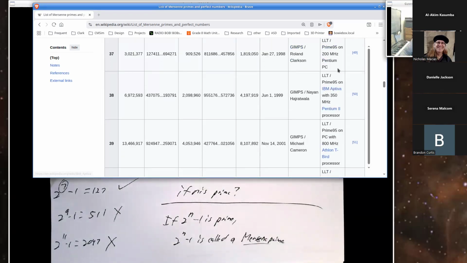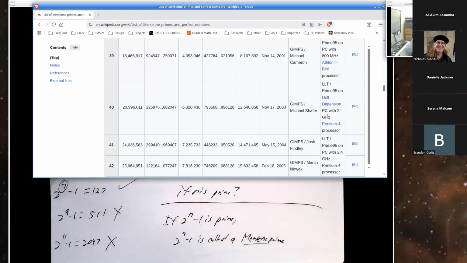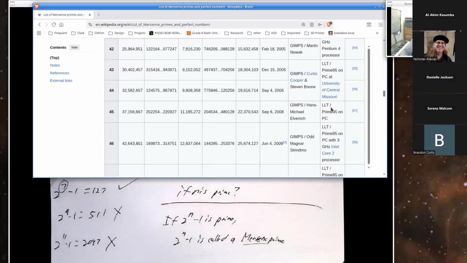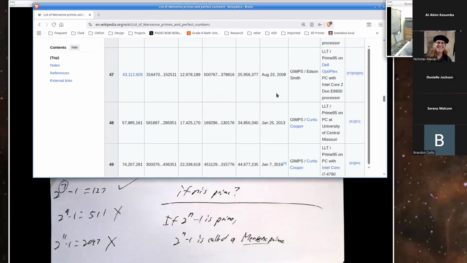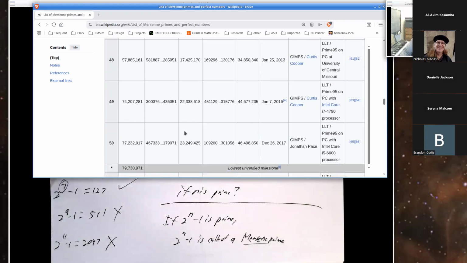So PCs got more powerful, 200 megahertz, 800 megahertz Athlon. And finally, we got up into the gigahertz in 2003, 2.4 gig, 3 gig in 2009. And so at this point, we're not sure that we're finding consecutive Mersenne primes, but these numbers are all guaranteed to be Mersenne primes.